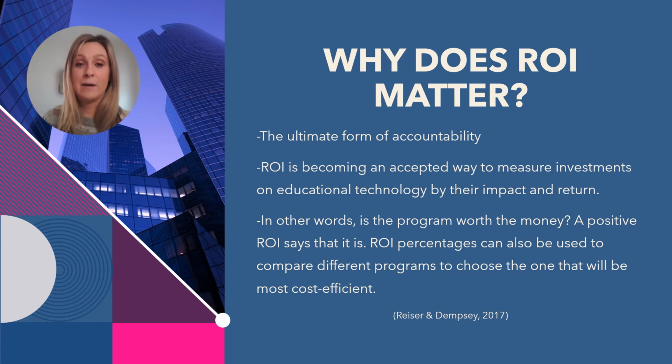By calculating a positive ROI, it is stating that the program is worth the money. It is also a way to compare different ROI percentages among different technologies, showing which technology is going to result in the most learning for the money. This is supported by Reeser and Dempsey.